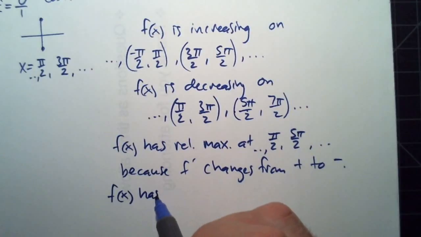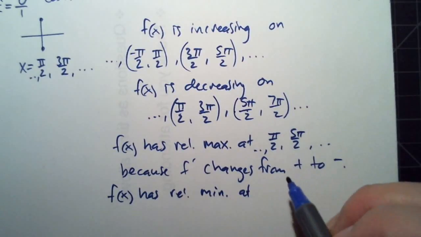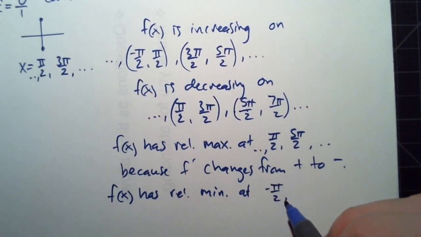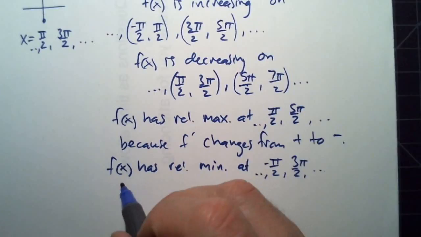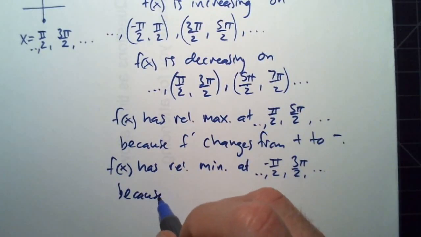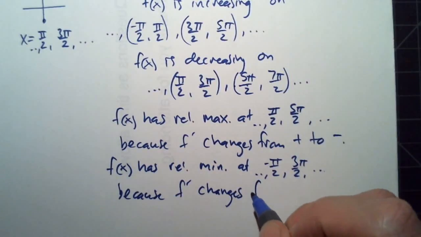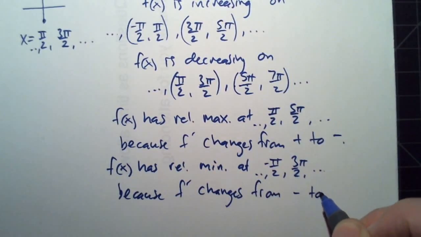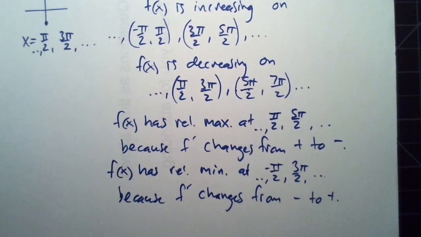F of x has relative minima at negative pi over 2, 3 pi over 2, repeated, because f prime changes from negative to positive. Alright, and we'll stop there.